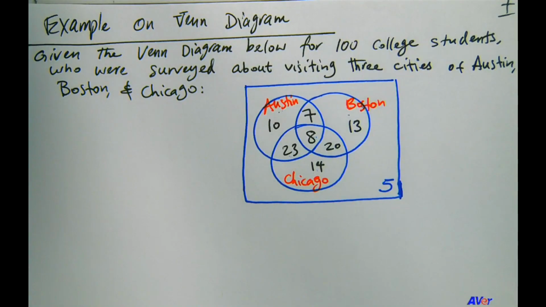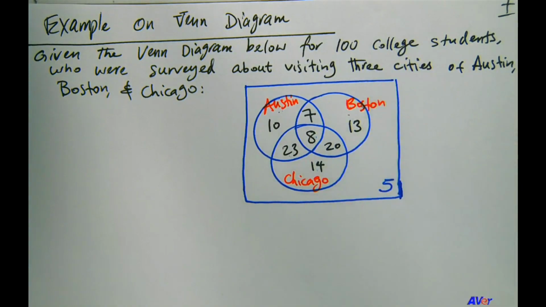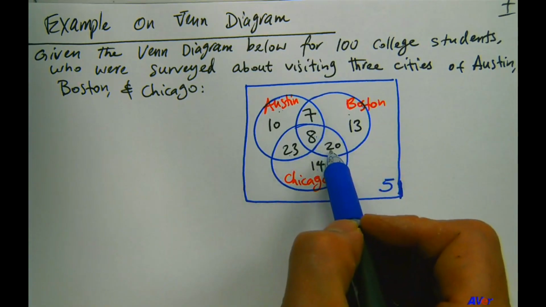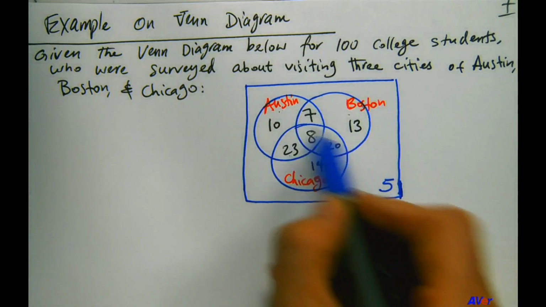Okay? By the same token, if I say how many visited Boston and Chicago? If I ask you that question, what would you say? You would say 28. Boston and Chicago, that's that whole region, that's 28.